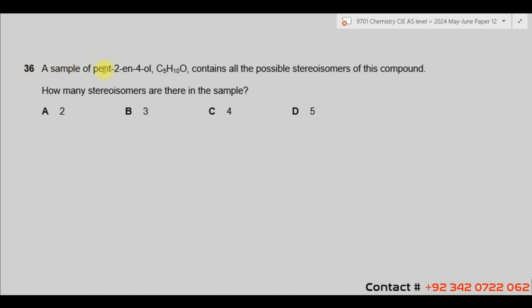Question 36. A sample of pent-2-en-4-ol, which is C5H10O, contains all possible stereoisomers of this compound. How many stereoisomers are there in the sample? For stereoisomers, we can look for cis trans, and we can look for optical. Let's draw the structure.